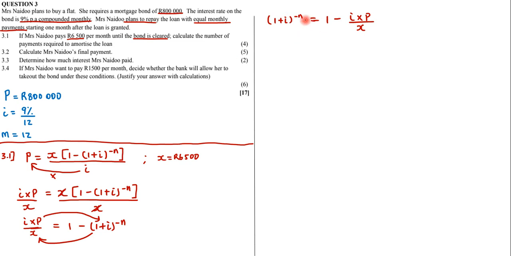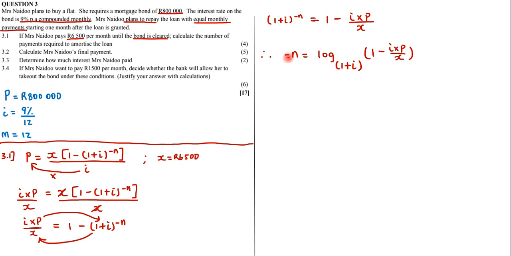Alright, now to get the value for n, remember this n is in exponential form. So from here, I'm going to apply logs. So now here I'm going to say minus n is going to be equal to log, right? My base here is 1 plus I. So log base 1 plus I into 1 minus I times p over x.